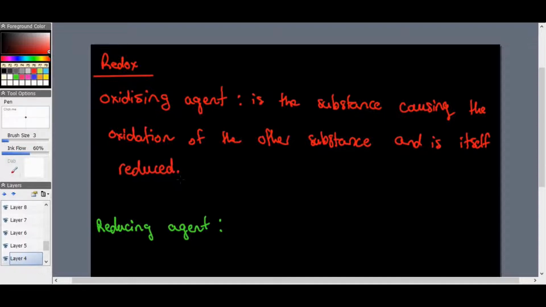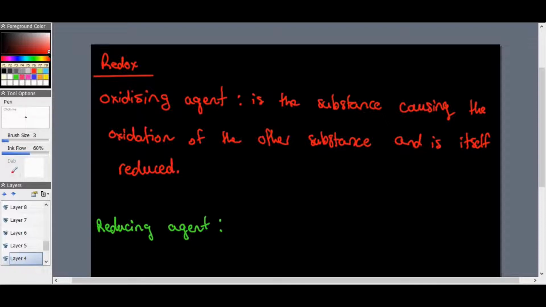So in other words, the substance that gets reduced. Now, in other words, the substance that gains the electrons would be the oxidizing agent. The substance that gains an electron would be called the oxidizing agent.